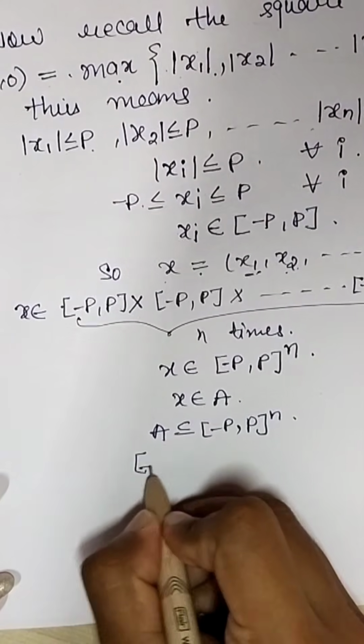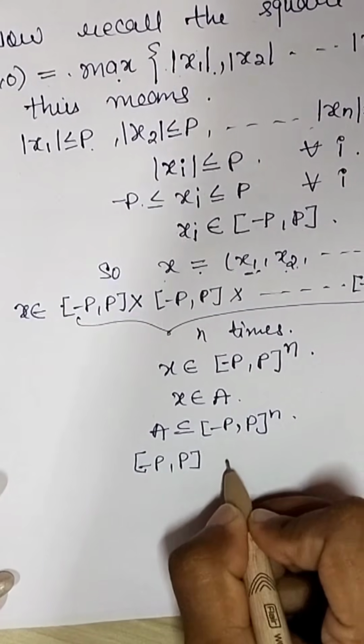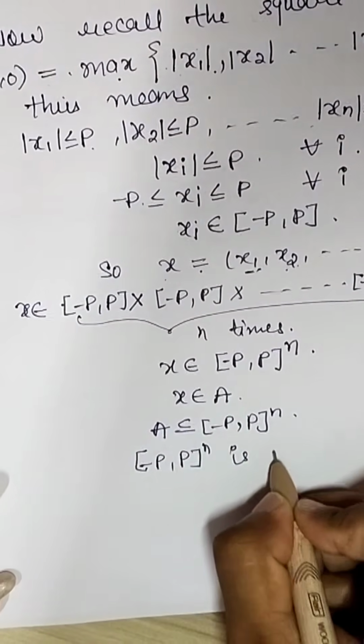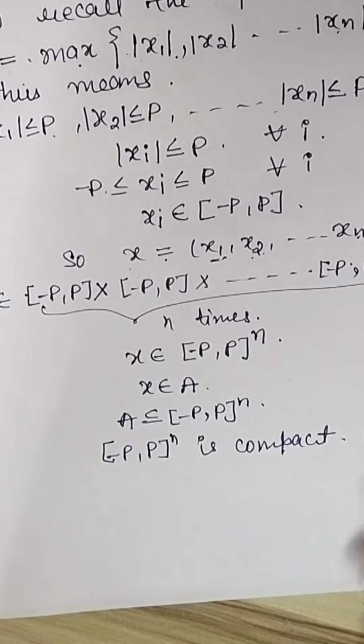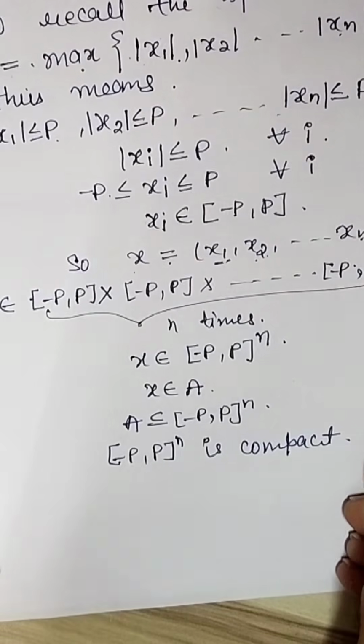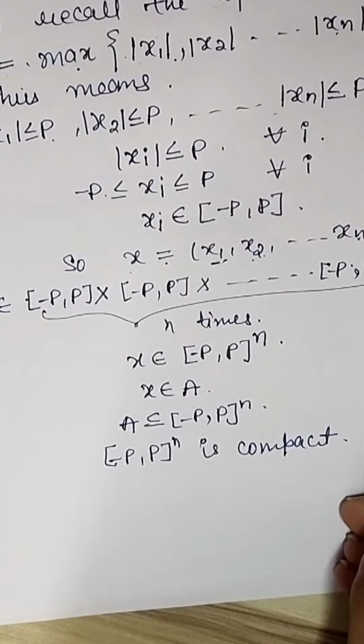Since minus p comma p is compact, the set to the power n is compact, because a finite product of compact sets is compact.